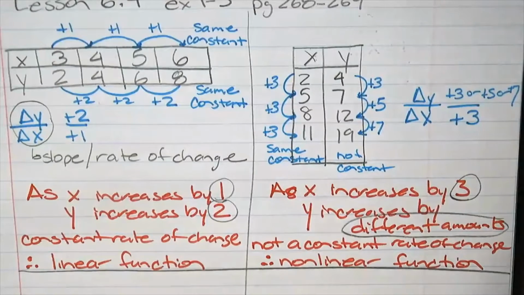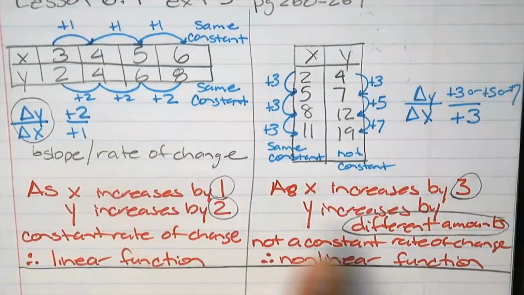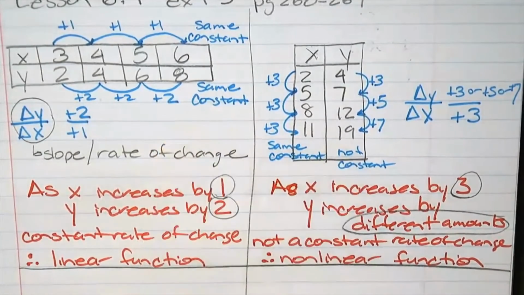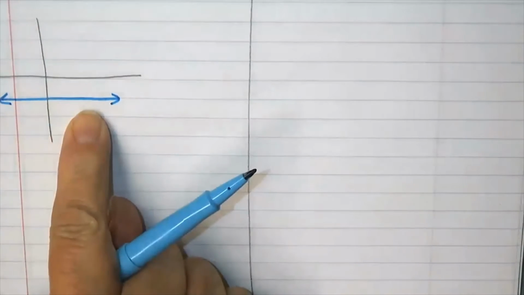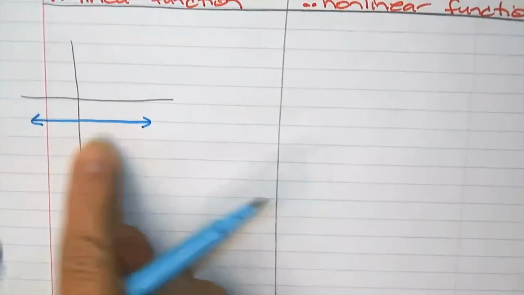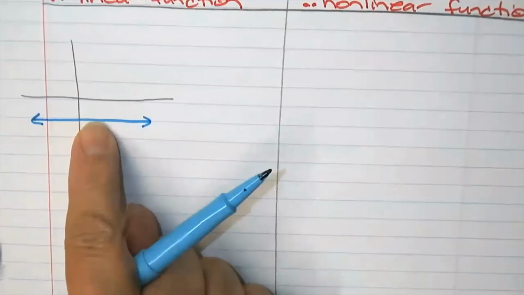Okay, so we know what a linear function and a nonlinear function look like as a table. Let's talk about what they look like as graphs. So this is a linear function as a graph. It's a line, it's straight.